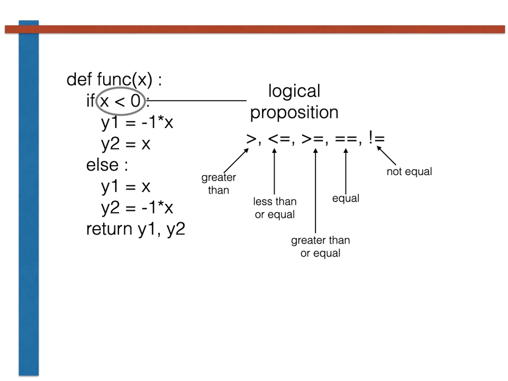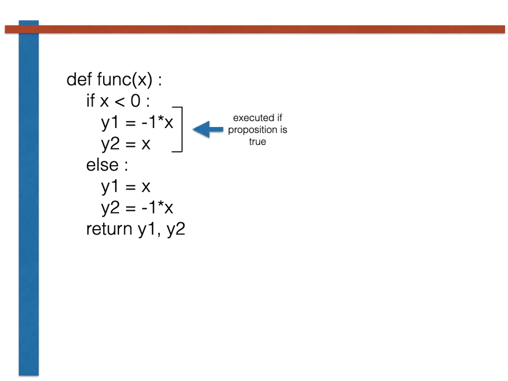Once we have constructed our proposition and inserted it into our if statement, we can then write the code that should be executed if the proposition is true. Every line of code that appears after the if statement and that is indented is executed if the proposition is true.